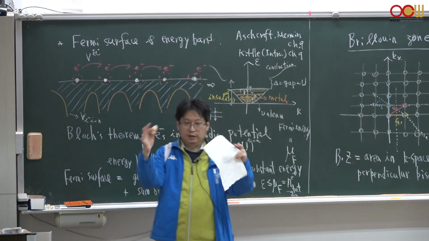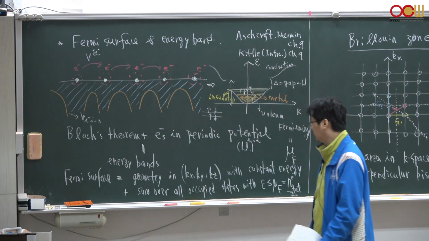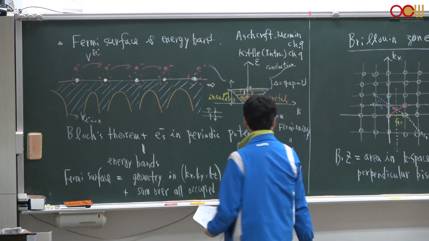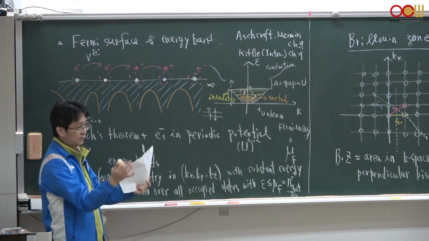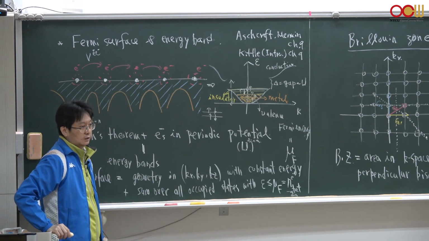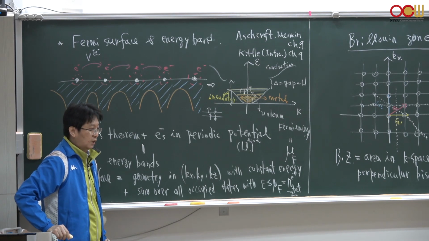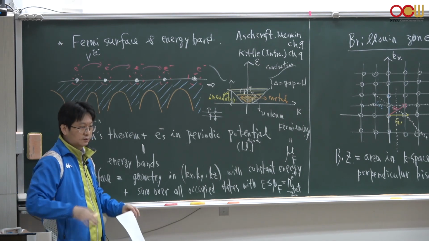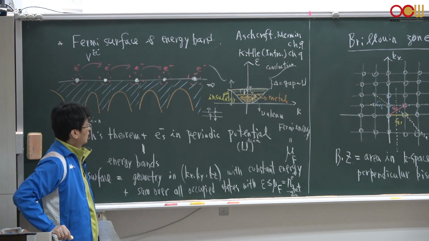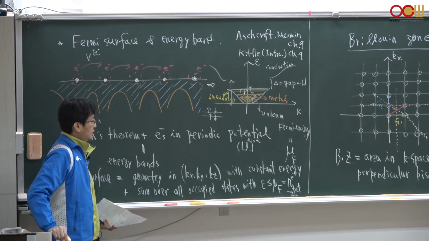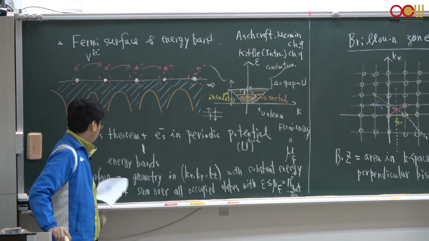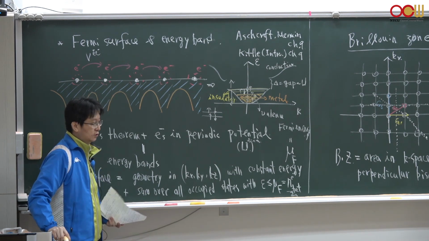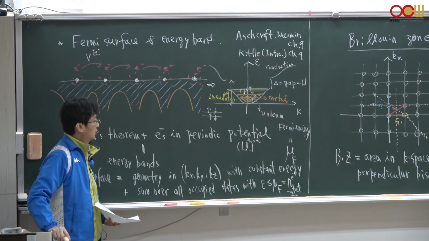And the geometry in the K space, with a constant energy mu f, defines the Fermi surface. The Fermi surface is topologically non-trivial in different systems. So we will take specific examples of different geometries of Fermi surface in the later part of the lecture.